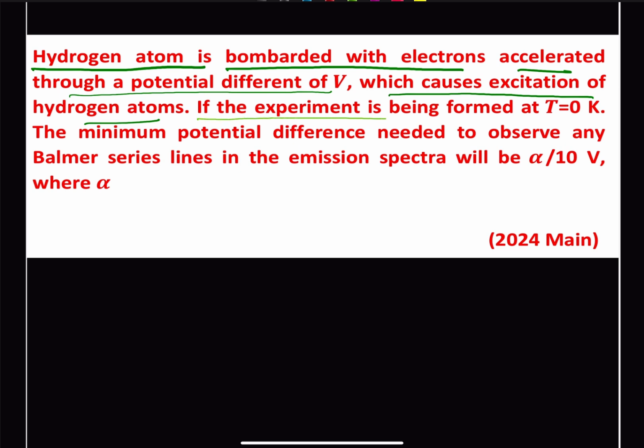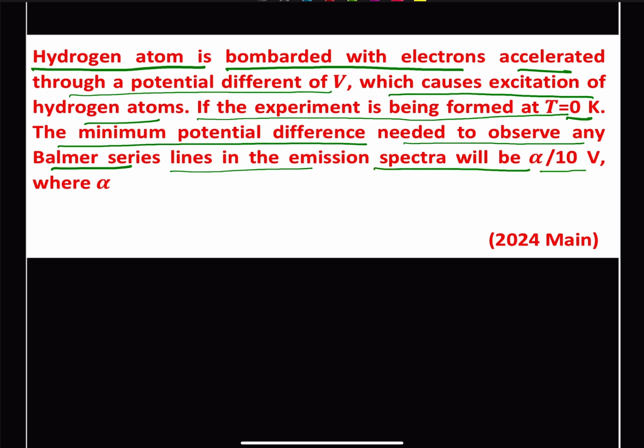If the experiment is being performed at temperature equal to 0 Kelvin, the minimum potential difference needed to observe any Balmer series lines in the emission spectra will be alpha upon 10, where alpha is. So we are supposed to find out the value of alpha so that we are able to get any Balmer series line.